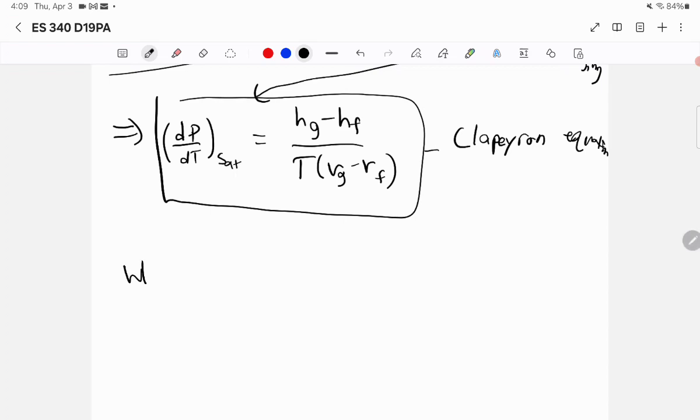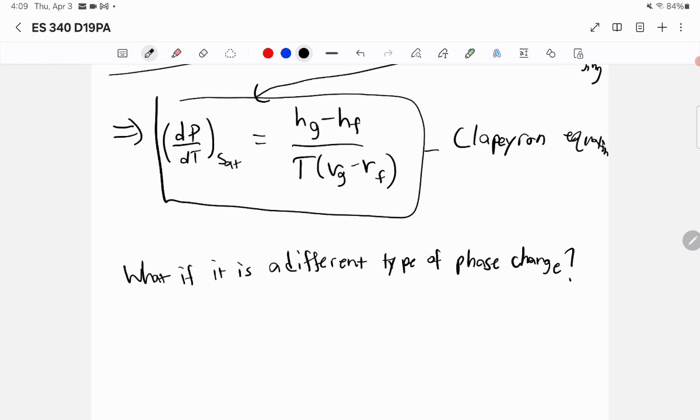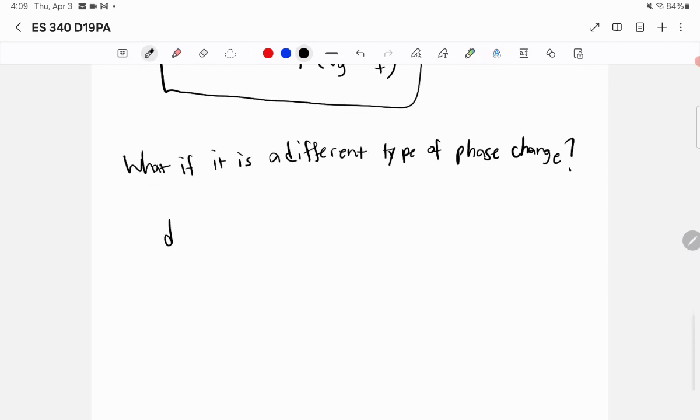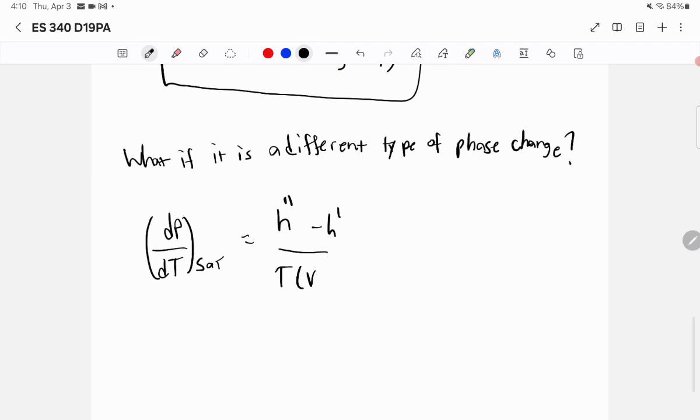Now, what if it is a different type of phase change? Well, then we just get dp/dt sat is equal to h double prime minus h prime over T times v double prime minus v prime, where these represent the different phases.